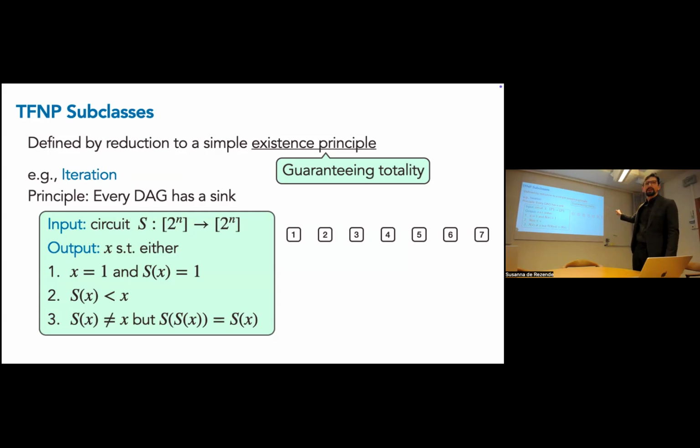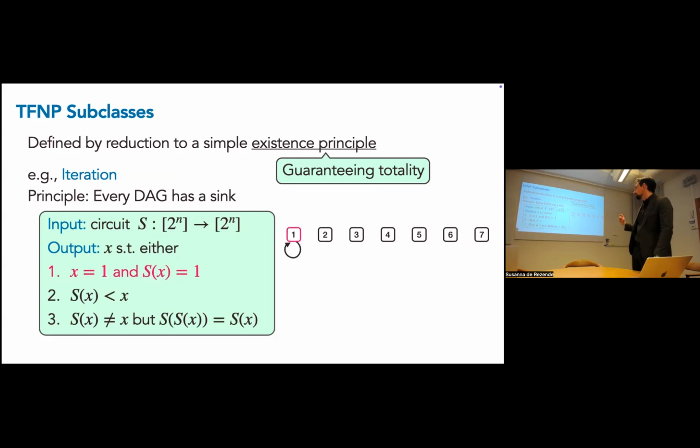Each vertex has one outgoing edge, and you're given that one is the root of your DAG. You always have to point forward, and you want to find a sink. So you want to output either a sink or a violation of one of the 2 previous conditions.